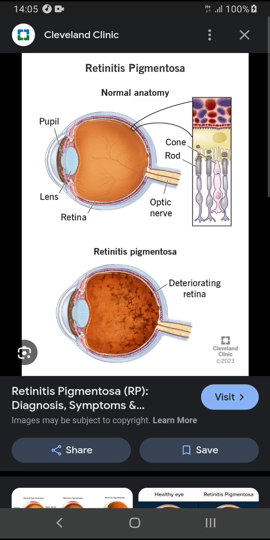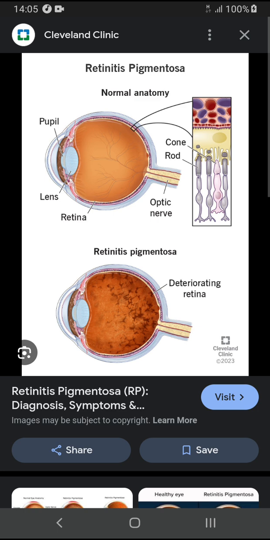Now, the rods are mainly used for night vision and are in the periphery of the retina. So, at the start of the disease, the patients have reduced night vision and peripheral vision, and as the disease progresses, the cones, which are responsible for color vision and acuity of vision, are also damaged.